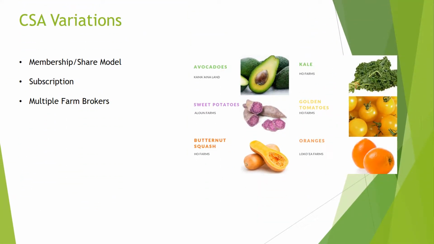So as I mentioned, there are a few variations in CSA. Traditionally, CSA started off as a single farm that, before the beginning of a season, before they'd buy their seeds and till the ground, would go out and get a bunch of shareholders to purchase shares of their upcoming harvest.